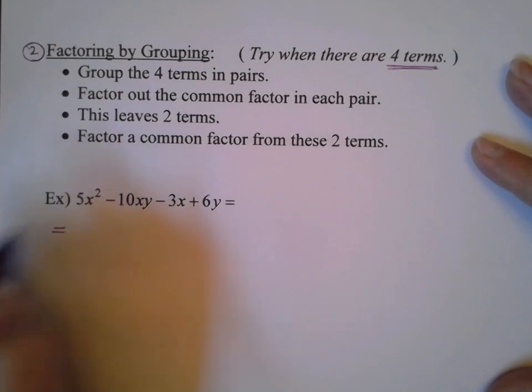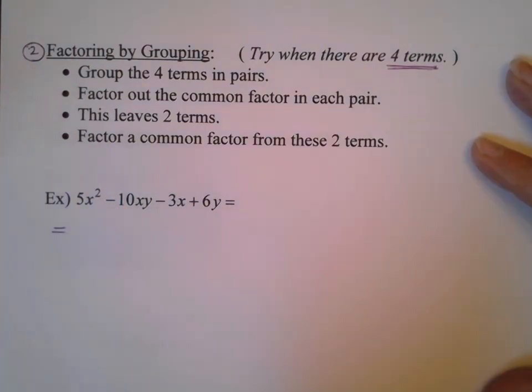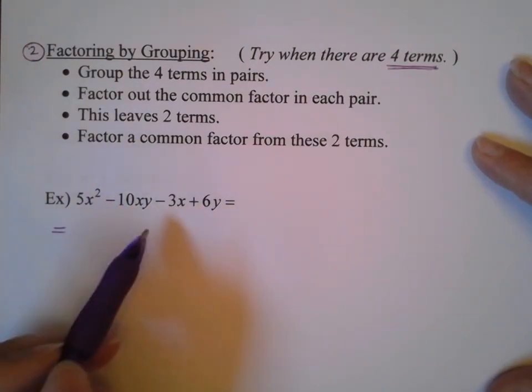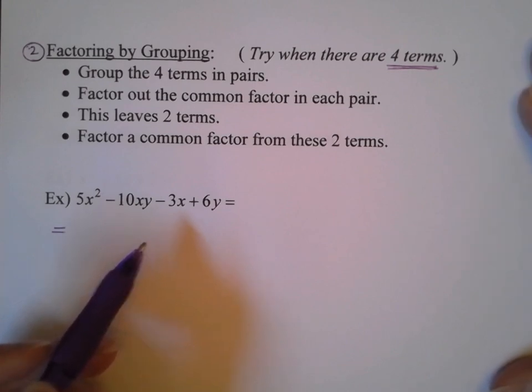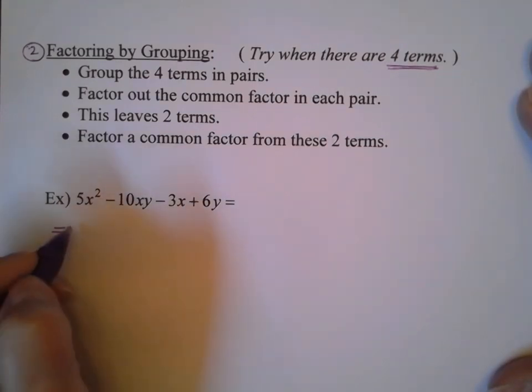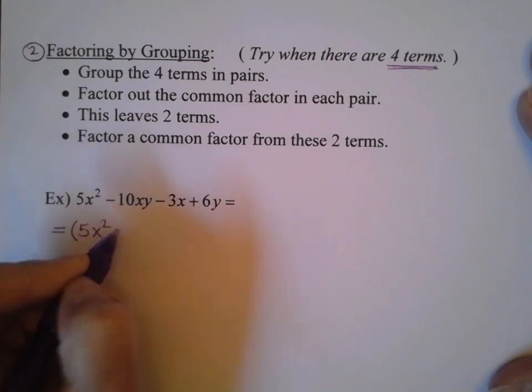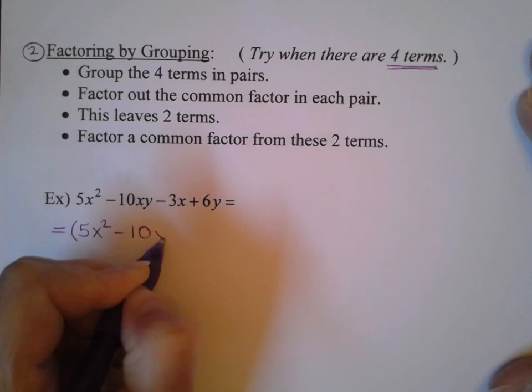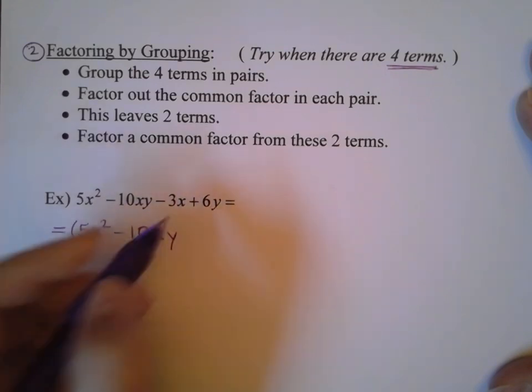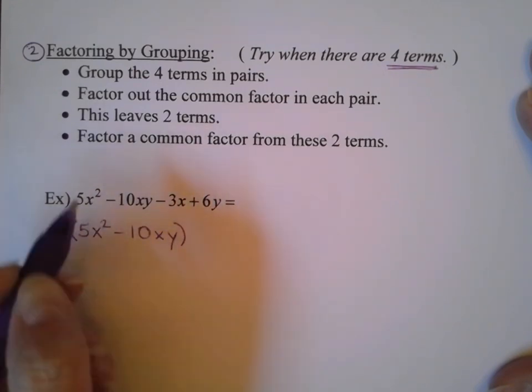We're going to group them into pairs. Now you're welcome to move these around if you think that would be advantageous. I've never really found it to give me a huge advantage, so I don't usually move them around, but you can. Okay, so I'm going to group the first 2 together.